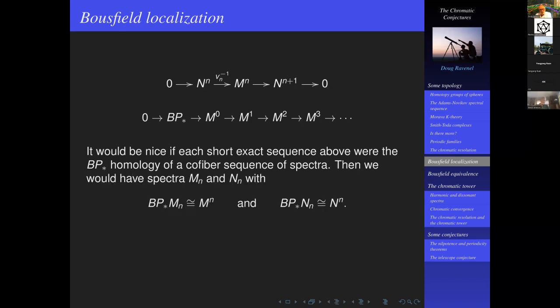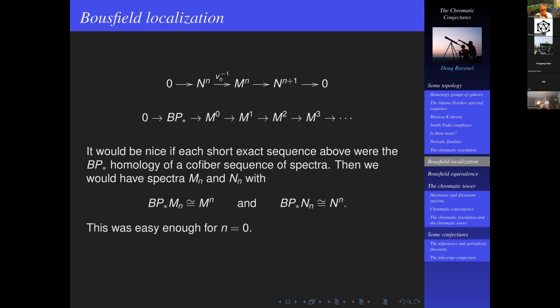Then we would have spectra that I call M_n and N_n that have the property that the BP homology of M_n is this module up here, M^n, and similarly for the N's.